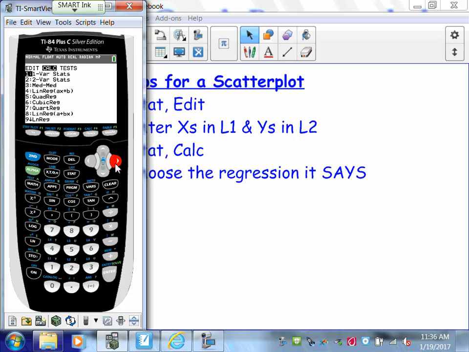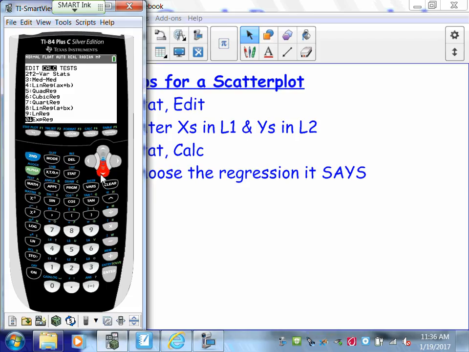You're looking for the type of regression you may or may not see, and usually they'll tell you what it is. LinReg is right here. LinReg means linear regression. Notice ax plus b sure looks familiar to mx plus b, and in this case, a is the slope. Then QuadReg, CubicReg, then exponential reg is ExpReg, right under the natural log reg.